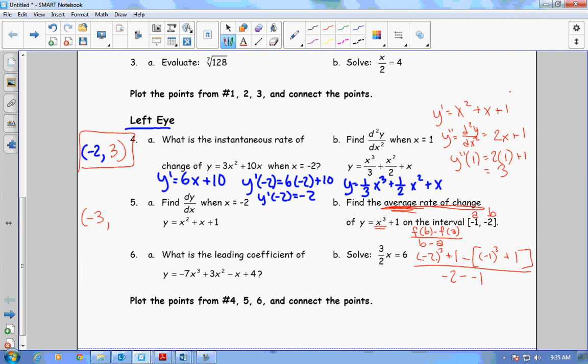What did you get? 7? Because this cancels to 0, and we get negative 8 plus 1 divided by negative 1, which is positive 7. Okay.